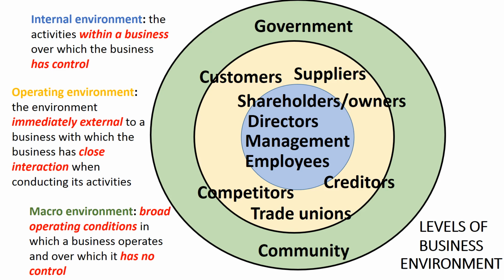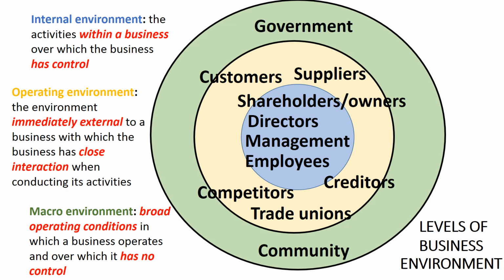All businesses operate in a community and they can have an effect on the community. For example, a business can have a positive impact on a community by employing local people, by buying locally produced inputs, and by sponsoring community projects such as the local sporting team.